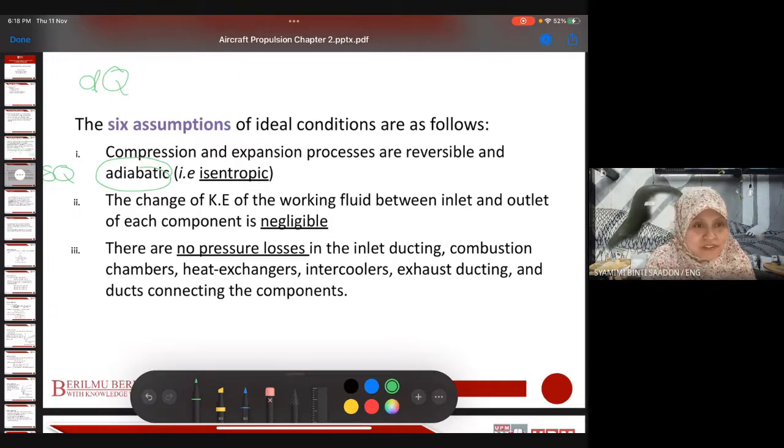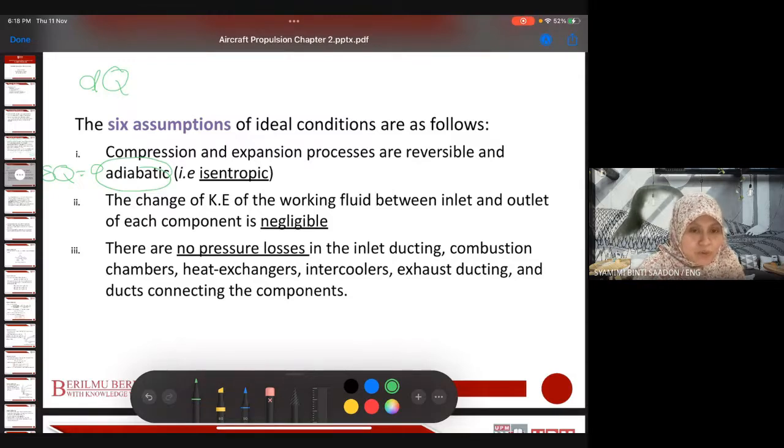When we say that the process or the system is adiabatic, we assume that delta Q is 0, meaning there's no heat transfer. For the compressor, we assume there's no heat exchange between the compressor and the environment outside. That's why we call the process adiabatic throughout.